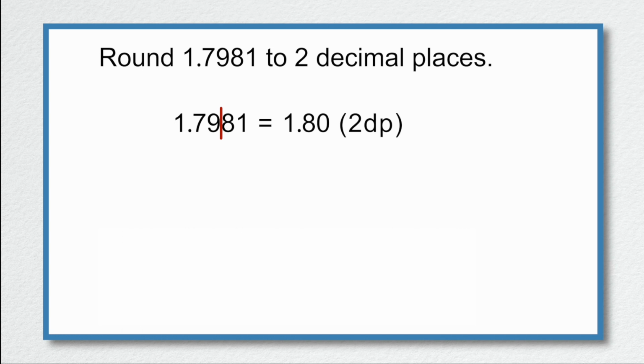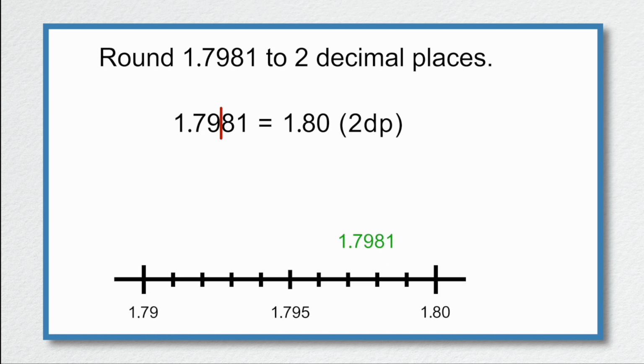And if we were looking at this on a number line, here are those numbers on a number line. The midway point is 1.795, and 1.7981 is somewhere along here, and that therefore means it's closer to 1.80 than it is to 1.79.